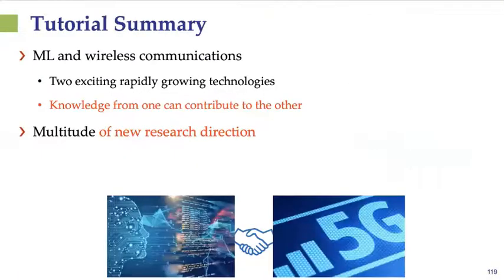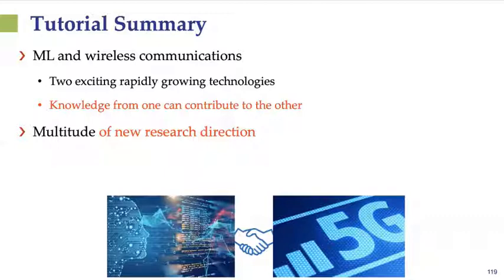And then finally, let's wrap up the tutorial. So what have we talked about? We've talked about two very exciting growing areas of technology, machine learning and wireless communications. Neither of these is really a new technology. They're decades old, but they've evolved very rapidly over these decades, and now they're quite sophisticated.